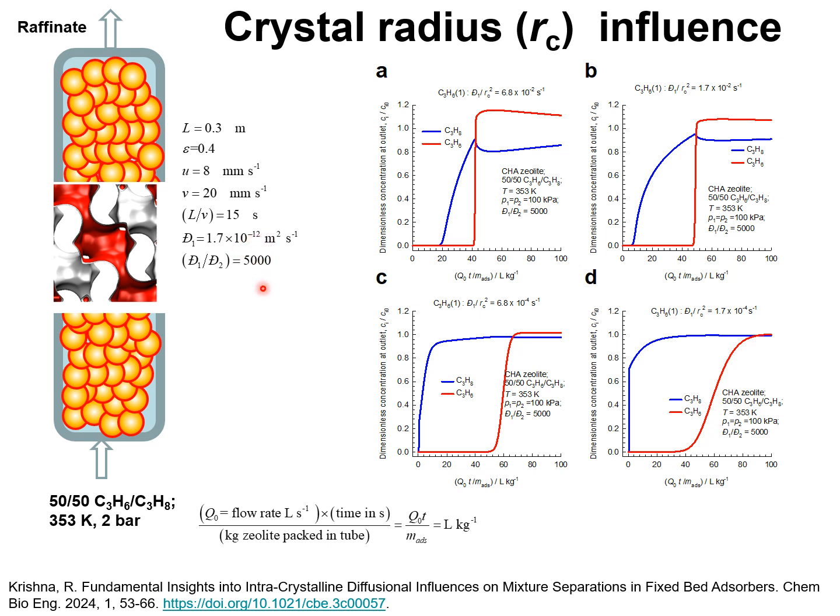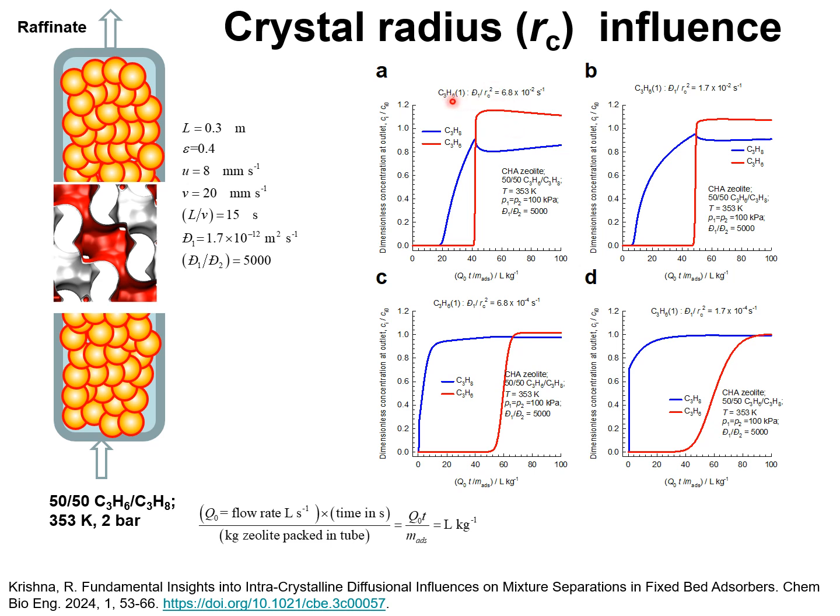We vary the radius of the crystals, and with increasing values of RC, we examine the influence of the diffusional influences quantified by the parameter D1, the Maxwell-Stefan diffusivity of propene, divided by the square of the radius of the crystallite.